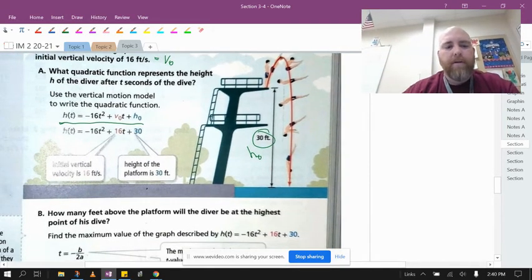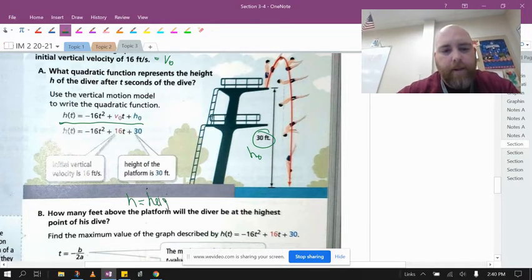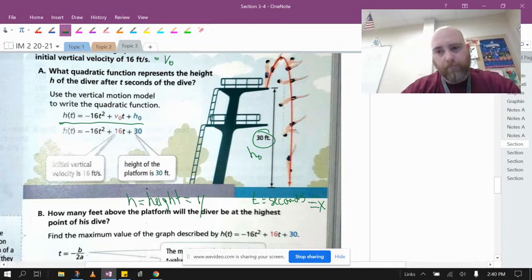So how many feet above the platform will the diver be at the highest point of his dive? So, again, h is the height, and that's kind of like our y, or f of x, and t is our seconds, or our x. So we can relate it back to things we've already done.